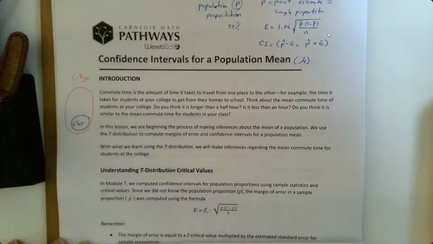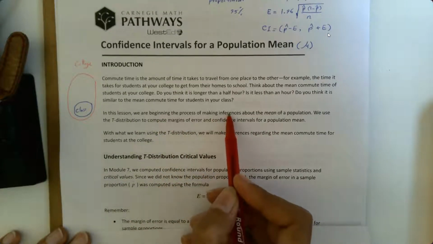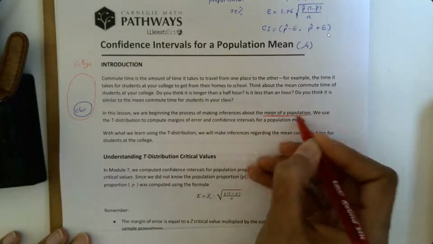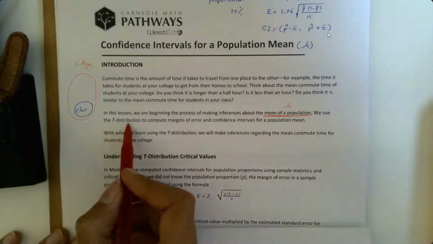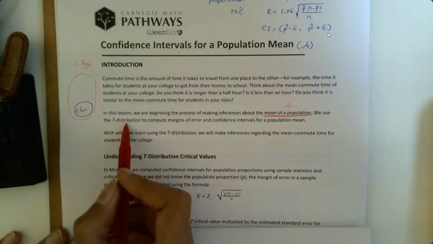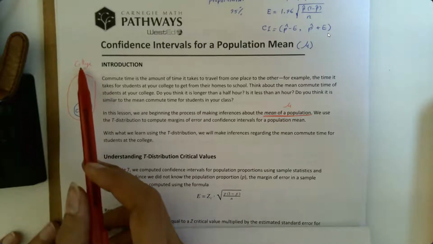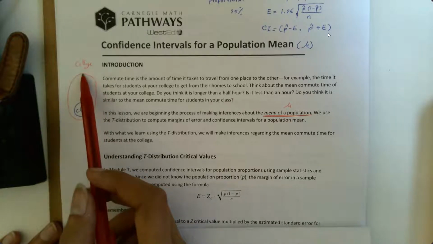In this lesson, we're beginning the process of making inferences about the mean of a population. Again, remember that the mean of a population is denoted by mu, and we use the t-distribution. Why is that? The reason is we don't have information about the whole college. To gather information about a population, we need money, resources, and time, which is not realistic.